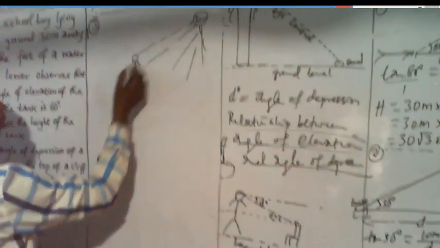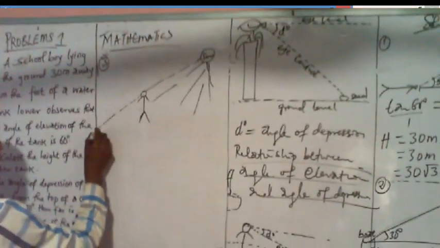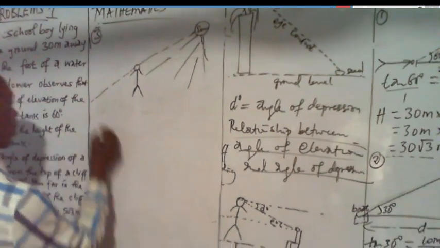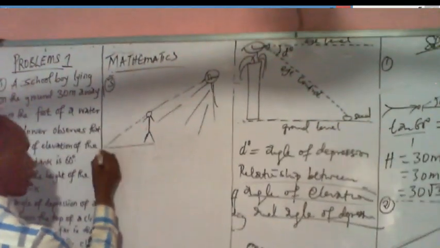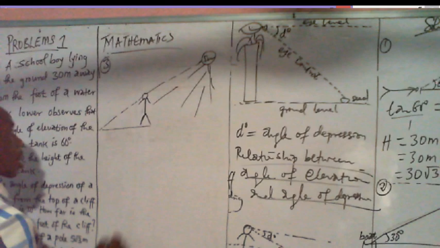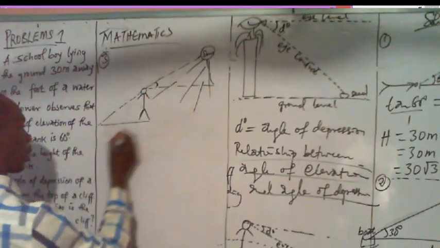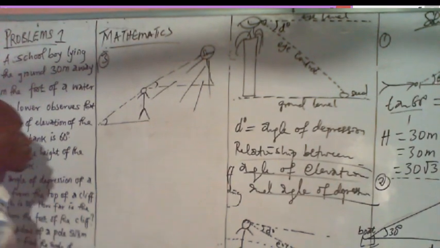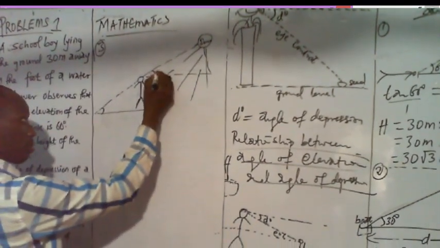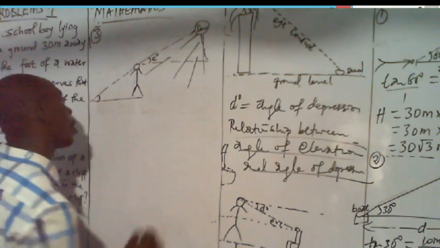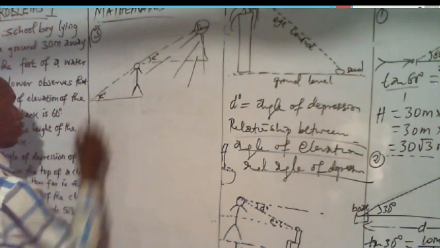The sun ray would cast a shadow of the man behind him, and whatever angle will be formed here will be equal to the angle formed here. Whatever angle of elevation we are going to have here will also be the same angle of elevation we have here.